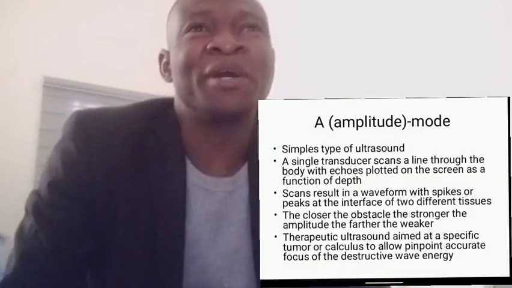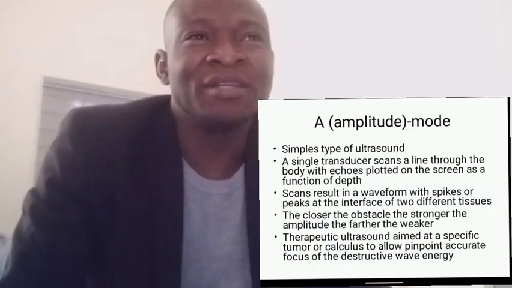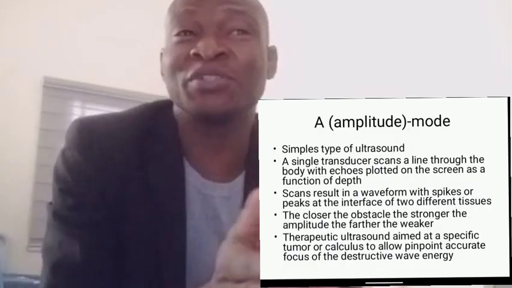But first, let's look at ultrasound modes. There are different modes, but here we're just going to peep into two modes for the project's sake. So we have the A mode, which is amplitude mode, but popularly called A mode, and this is the simplest type of ultrasound.